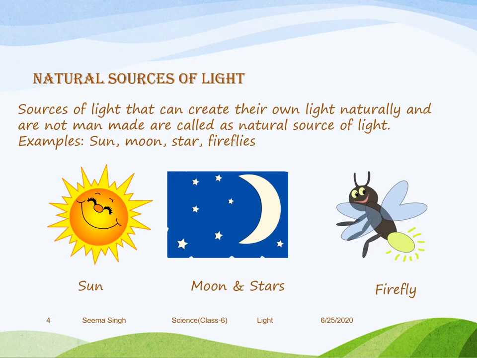These are the sun, moon, stars, and firefly. In these examples we can see that they have their own light, or natural light in them, and these are not man-made. I hope we are able to understand till here. Now let's move on further.